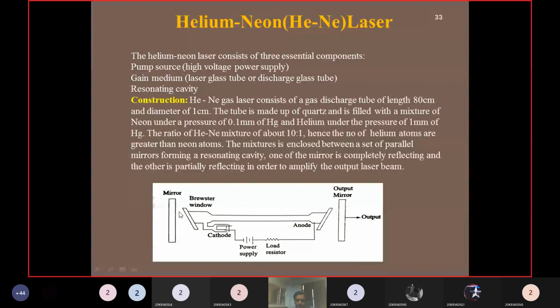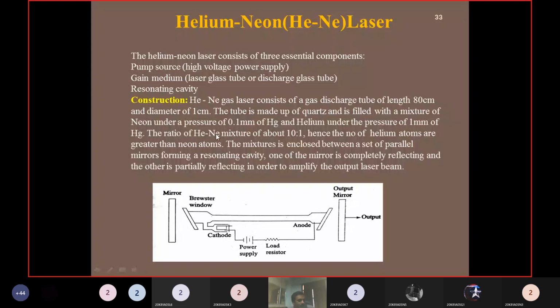Inside this quartz tube we have helium and neon gases. For neon gas the pressure is 0.1 mm of Hg, and for helium it is 1 mm of Hg. What are the units of pressure?